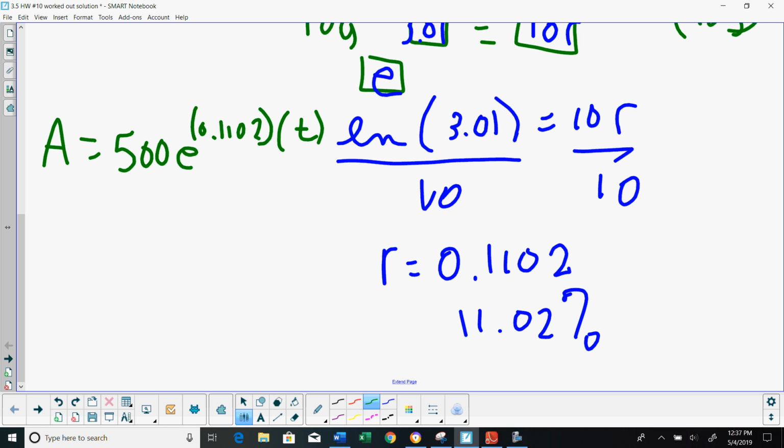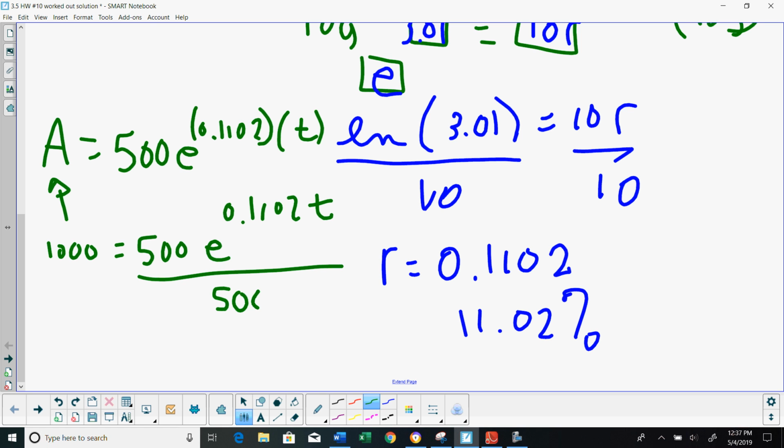If we want our money to double, we want this amount to be 1,000, right? That would be double the 500. So I'm going to plug in 1,000 equals 500 e to the 0.1102 t. I'm going to solve for t by dividing both sides by 500.